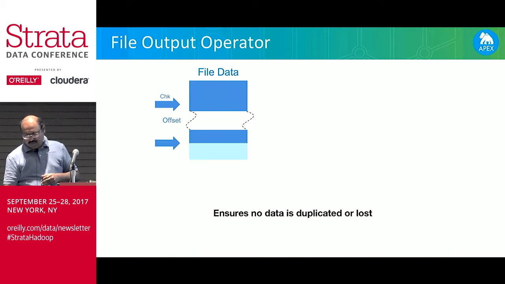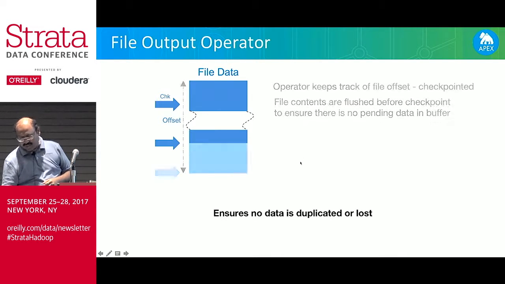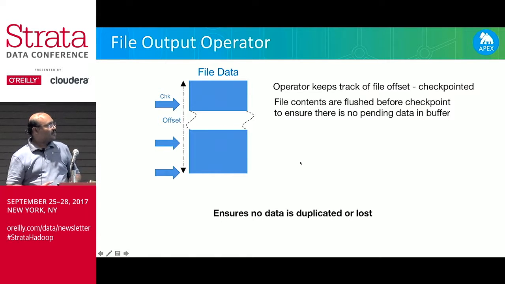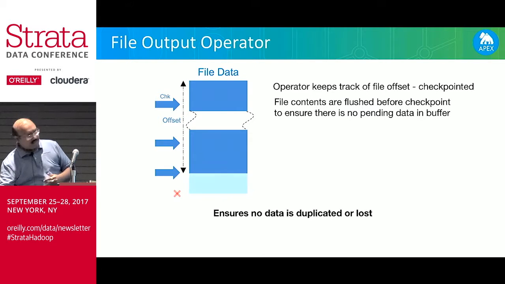Let's say checkpoints are happening periodically, and the bottom one is the latest checkpoint, and some more data came in, so another checkpoint happened, and older checkpoints are purged as soon as the entire pipeline has checkpointed at the same point. Now let's say you process some more data, and then there's a failure.